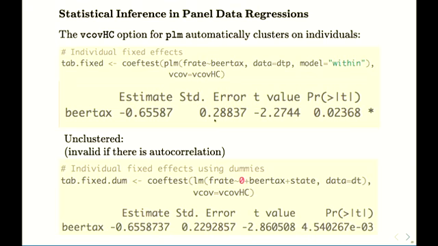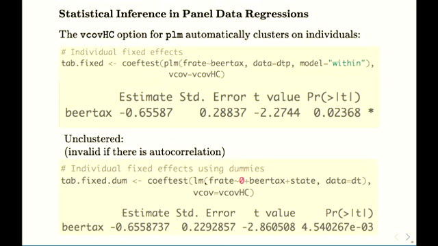It can matter. So if we have a suspicion even that there may be some autocorrelation across time, then this clustered standard error is the way to do it. And if you're doing this panel data stuff for real, for actual research or something, you would pretty much 99.9% of the time use some form of clustering because there's always going to be some form of dependence across these individual level observations in this kind of context.